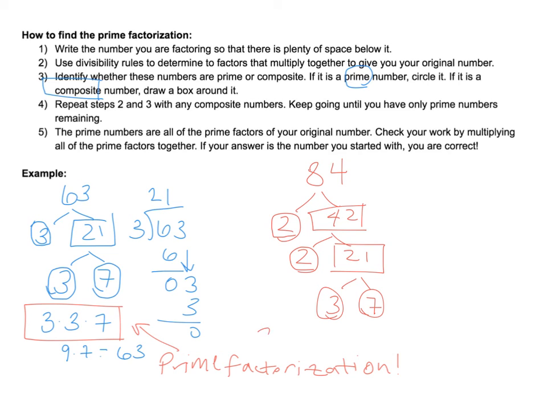And we've got 2 times 2 times 3 times 7. All right, and if we'd like to, we can check our answer by multiplying this back out. 2 times 2 we know is 4. We got 4 times 3 times 7. 4 times 3 is 12, and 12 times 7 is 84. So we are correct.